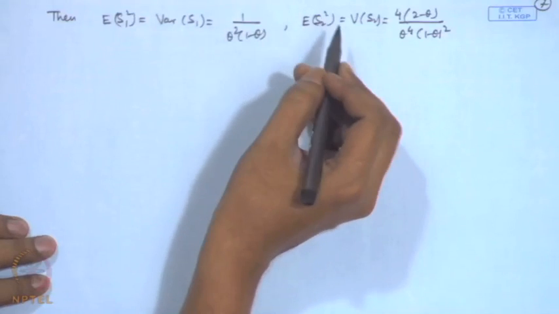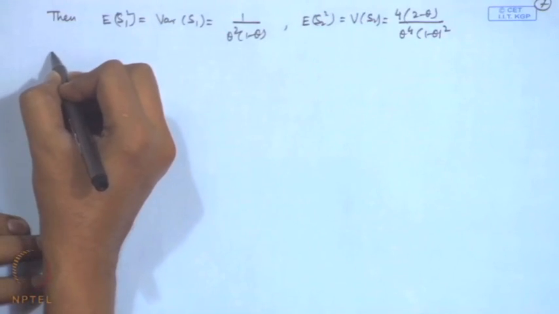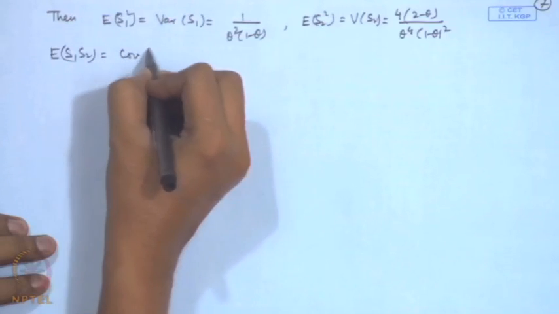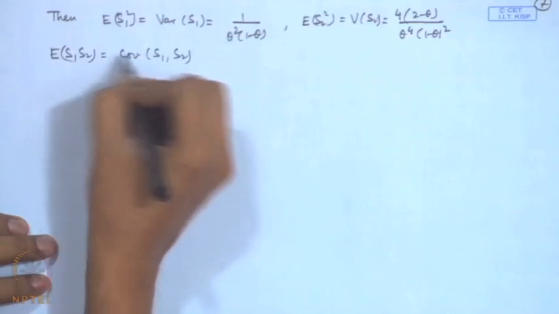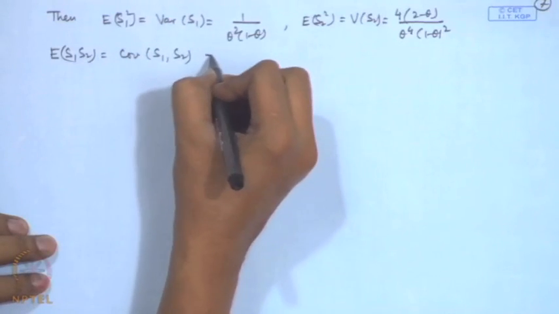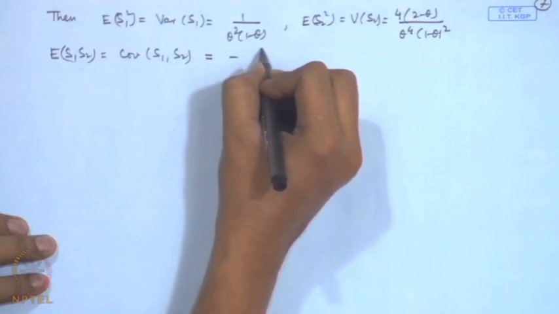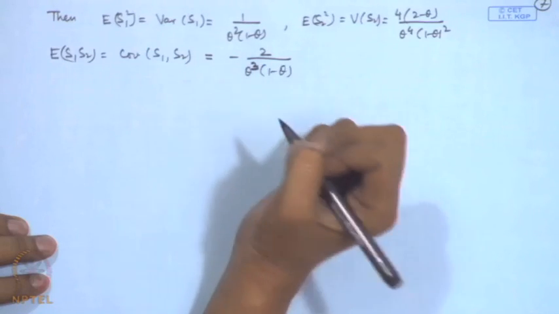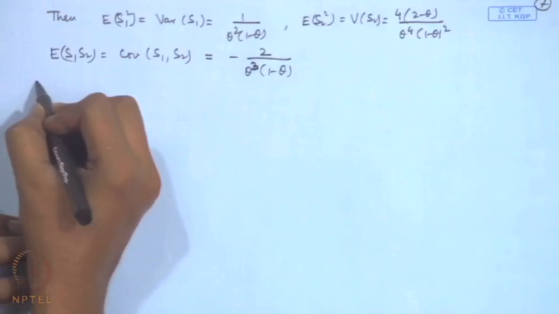We also need the covariance between S 1 and S 2, that is expectation of S 1 S 2, because expectation S 1 and expectation S 2 are 0. This is equal to minus 2 divided by theta cube into 1 minus theta.